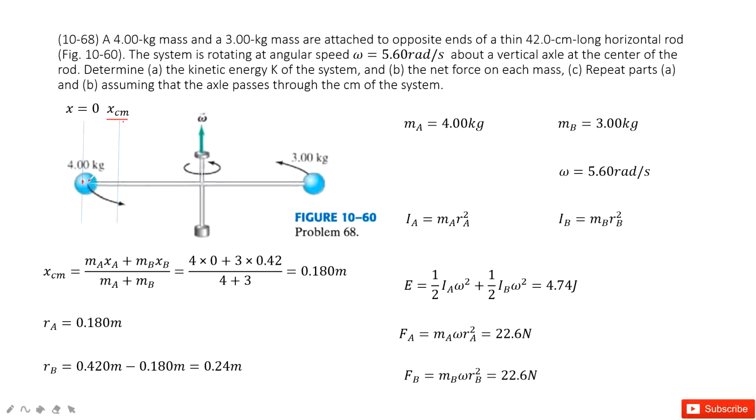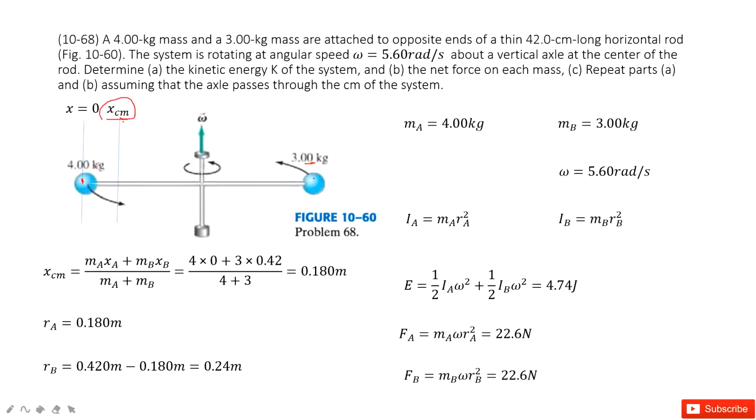So the mass A times the distance from the origin to this part is 0, and then plus 3 times, the 3 is the mass for this object B, times the distance from 0 to there, which is 0.42. And then we do this equation, we can get the center of mass location is at there.